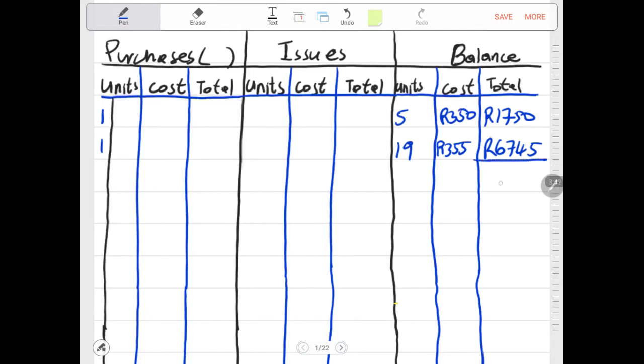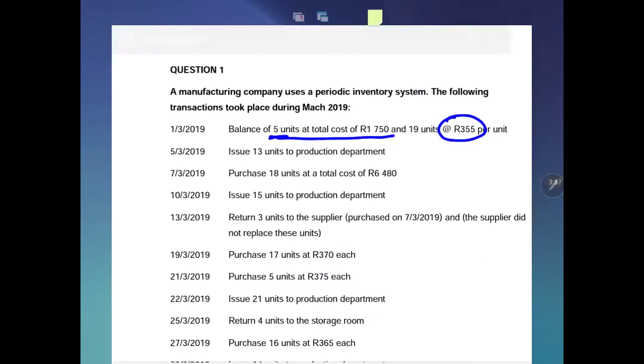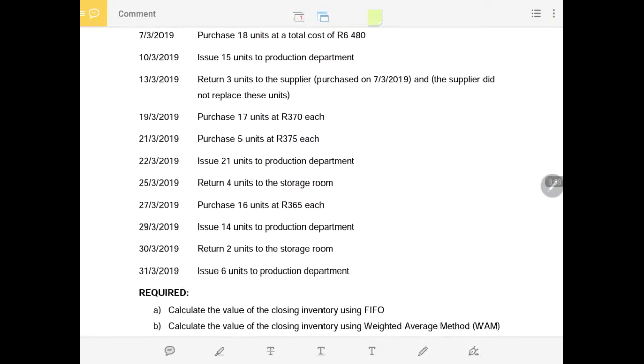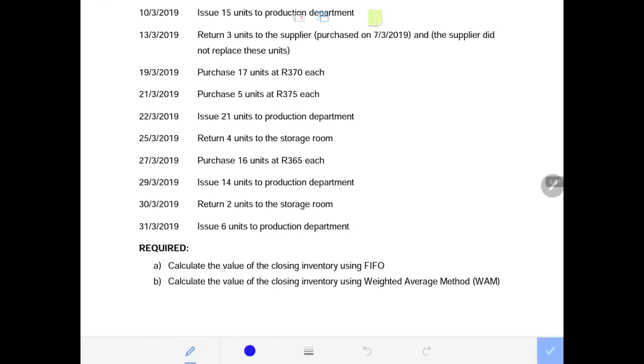That means the value of the opening inventory will be the total of the two figures. So if you are required to calculate the value of the opening inventory, that will be the total of the two figures. But we are required to calculate only the value of the closing inventory, and we know that the closing inventory of this month is the opening inventory of the next period or next month.